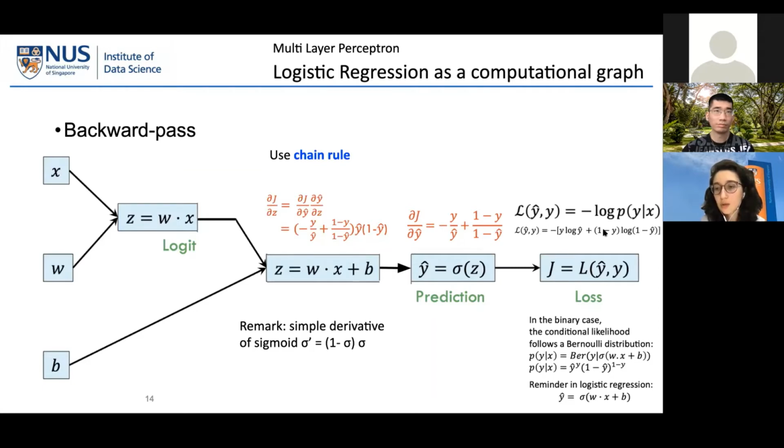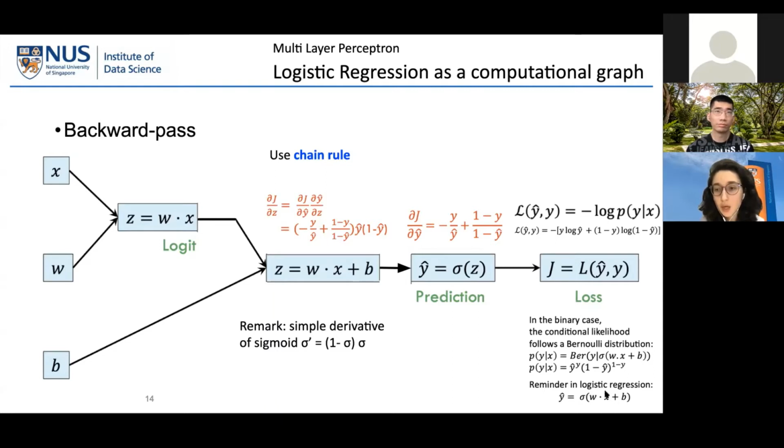Let's recall that yesterday we focused on the cross entropy loss function, which is the negative likelihood loss function. So negative likelihood here for one sample. Let's note that in the binary case, this conditional likelihood follows a binary distribution, okay?